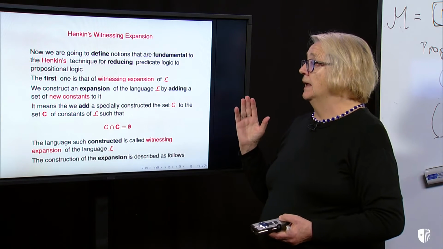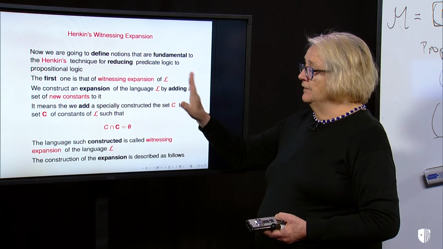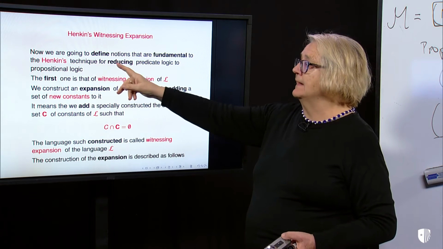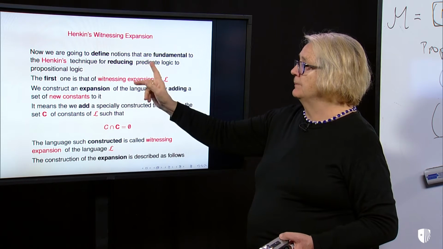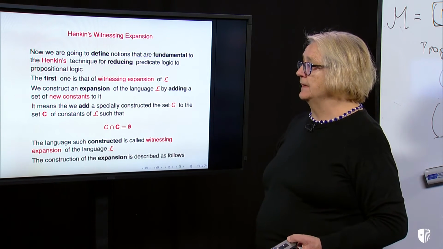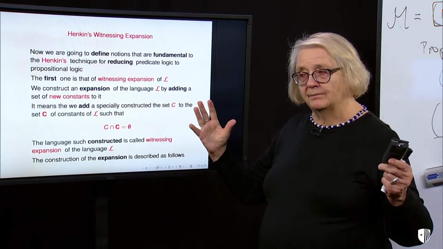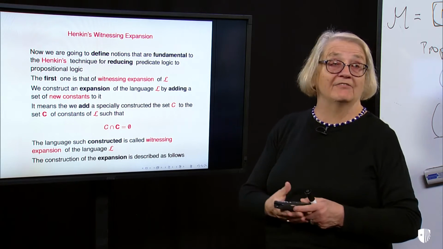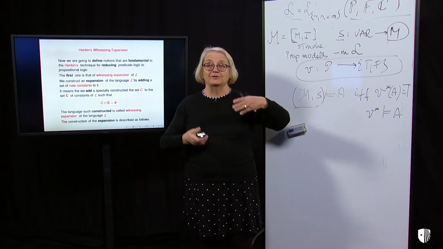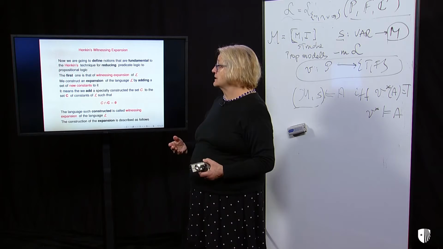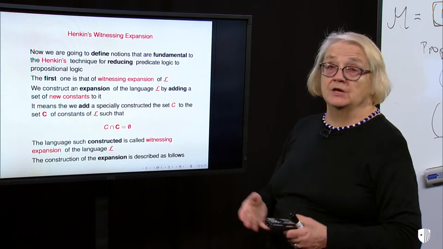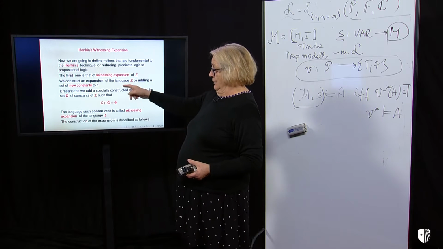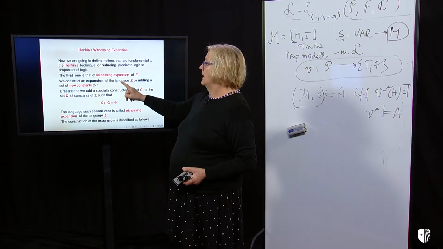Henkin invented a technique of reducing predicate logic to propositional logic, and we use that technique because we want to have those propositional models. So we construct an expansion of the language. We have our language, and now we add new constants to it, which is called a Henkin expansion of the language.